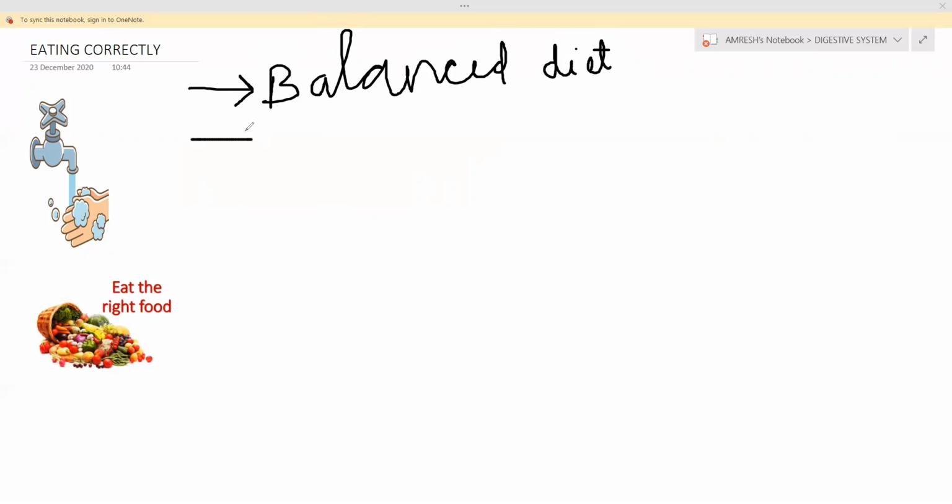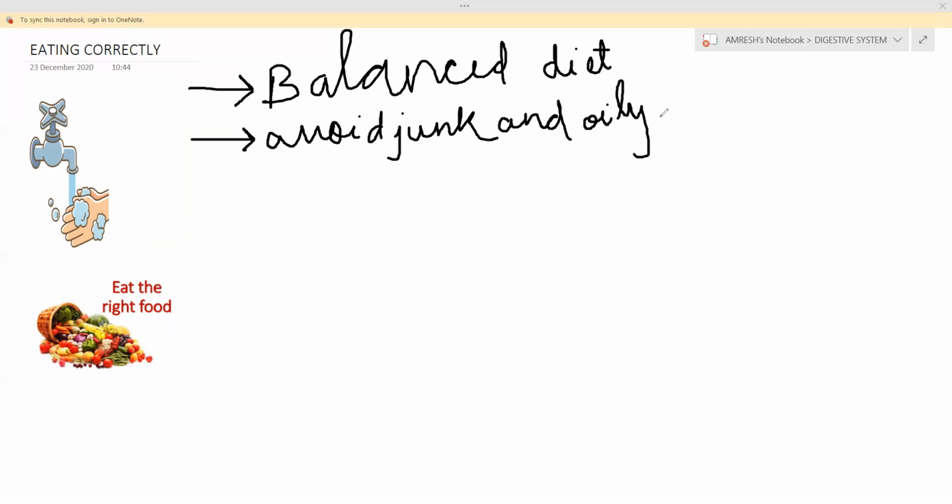We should avoid junk food, junk and oily food, because it will cause harm to our digestive system. You should not take pizza, burger.